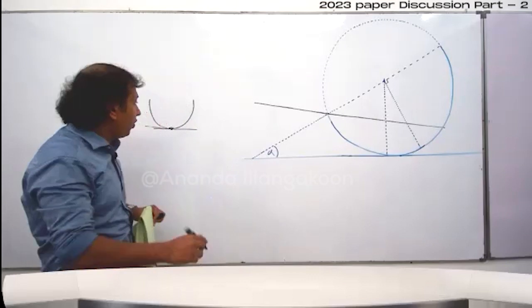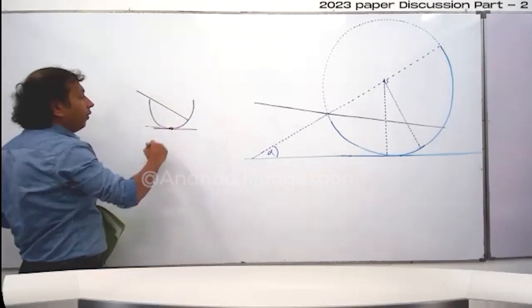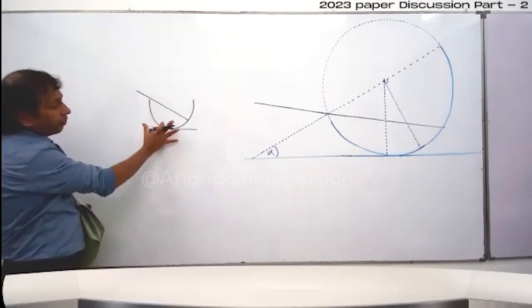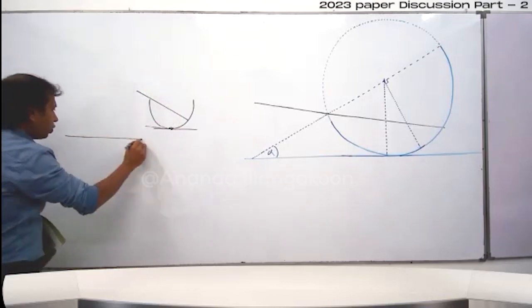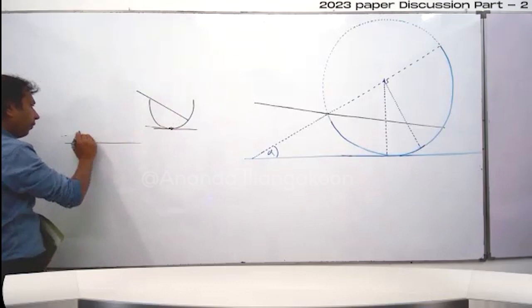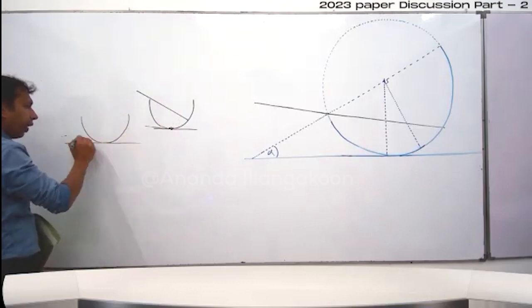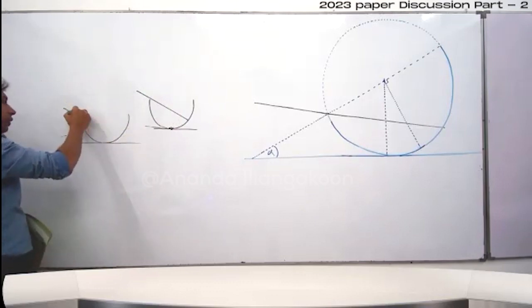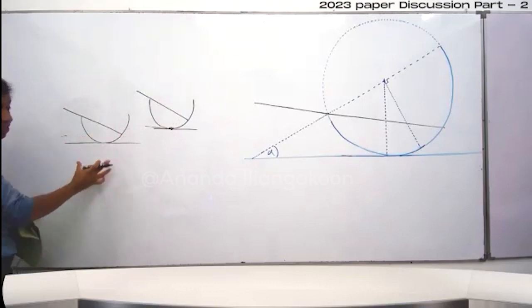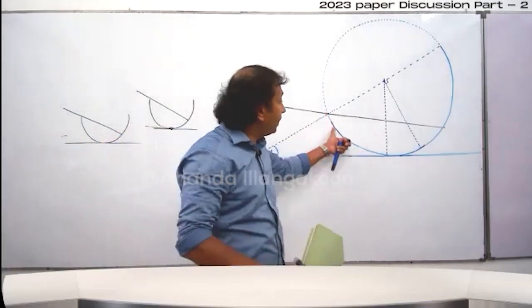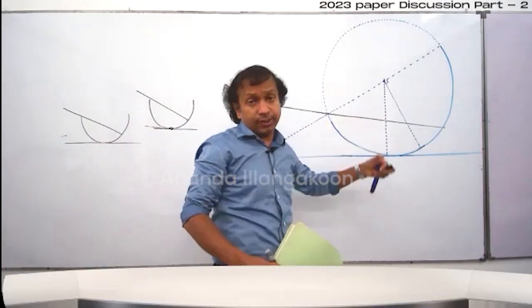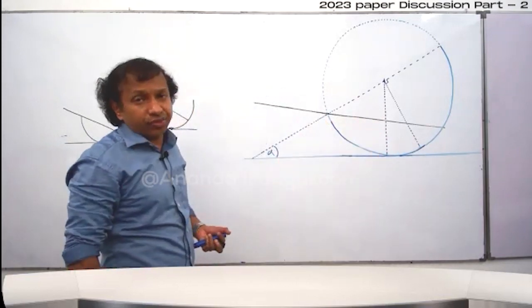On that occasion, we can keep the rod like this because the hemisphere can't move. But in this case, the hemisphere is placed freely on the horizontal plane, and the rod is placed. Then, since the hemisphere has the freedom to move, it will tilt to a position like this. That is the important point of this question.